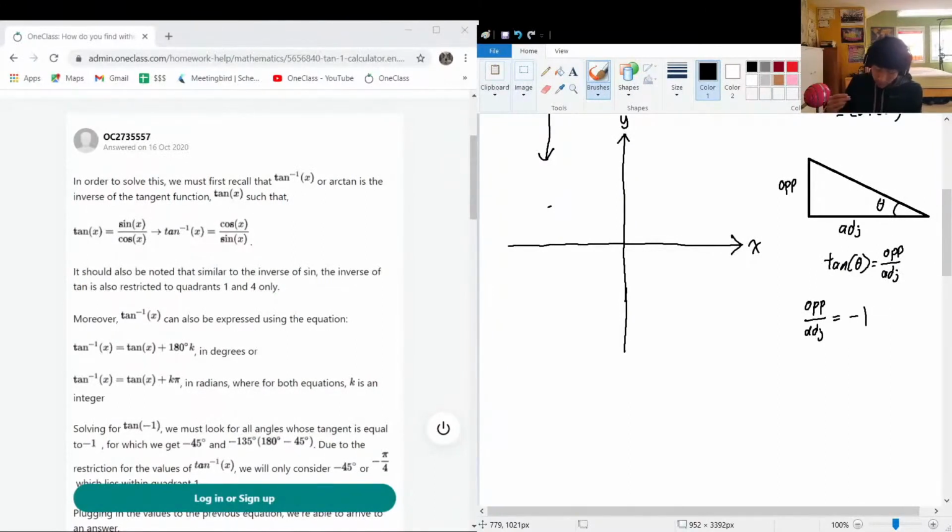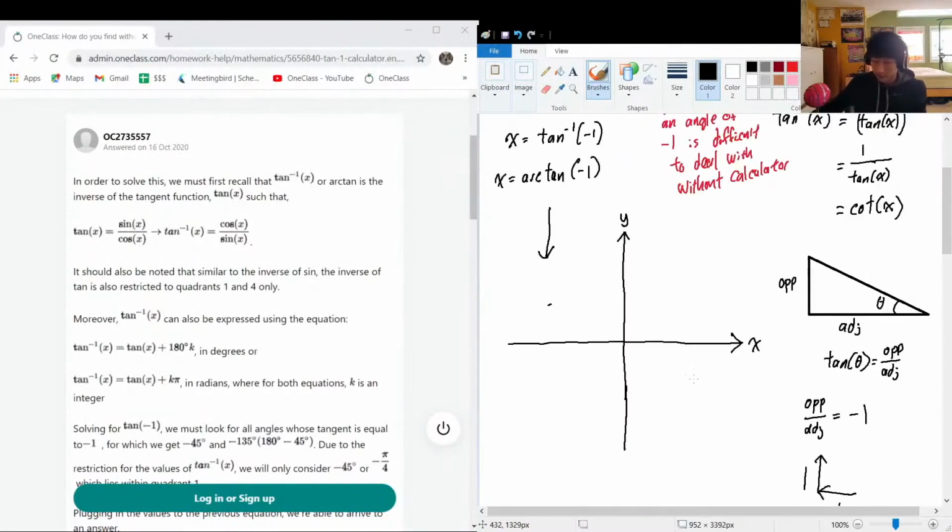Okay, so we want to find the minimum angle where this is going to be true. So there are two options. We're either going to have opposite as 1 going this way and adjacent as -1 going this way, or we're going to have +1 and -1 for the angles.